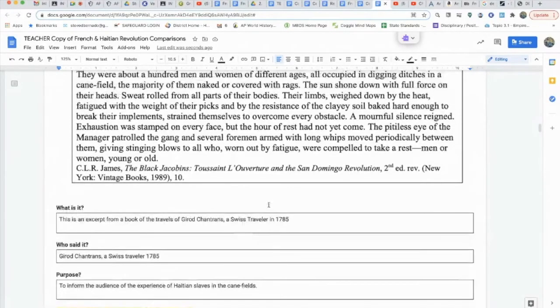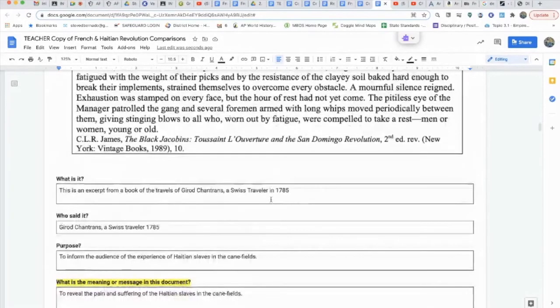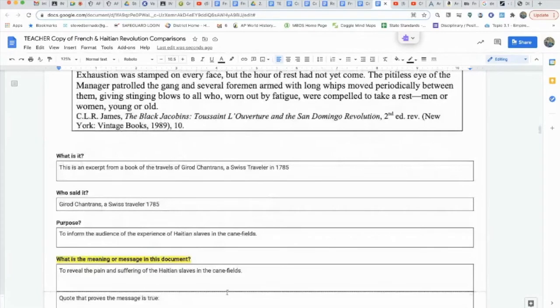You can use a lot of this, right? I'm going to use the last piece. "Pitiless eye of the manager, giving stinging blows to all who, worn out by fatigue, were compelled to take a rest.